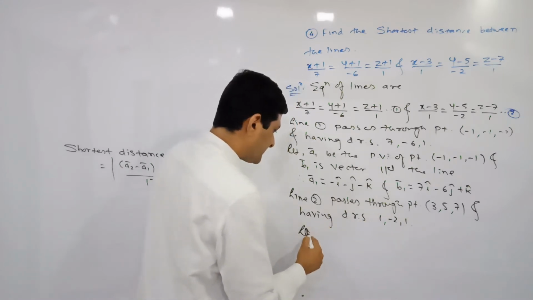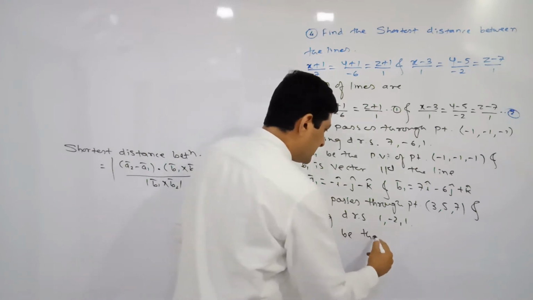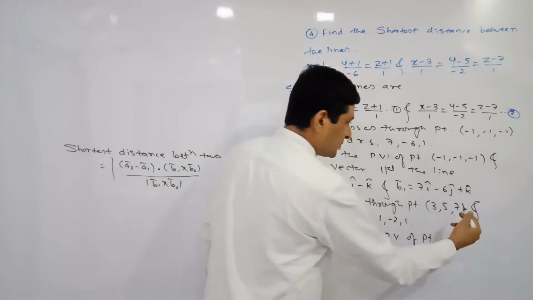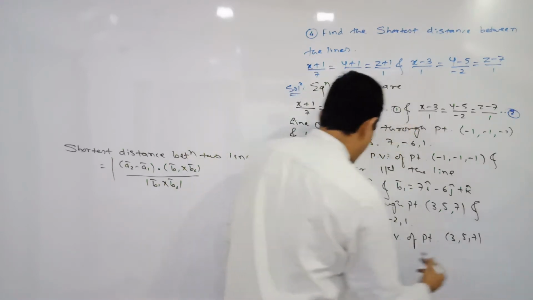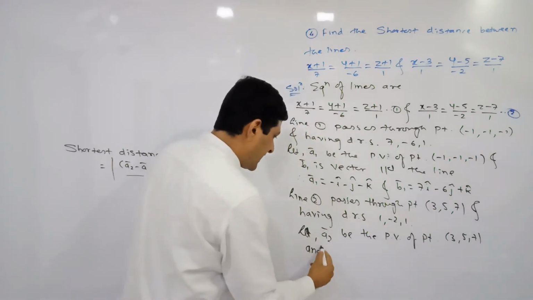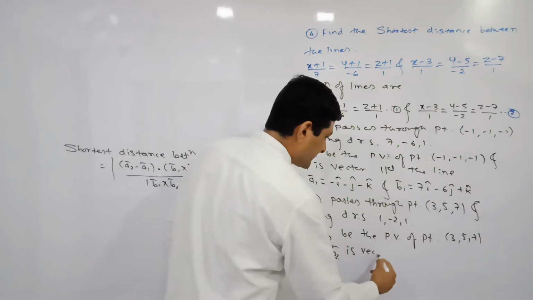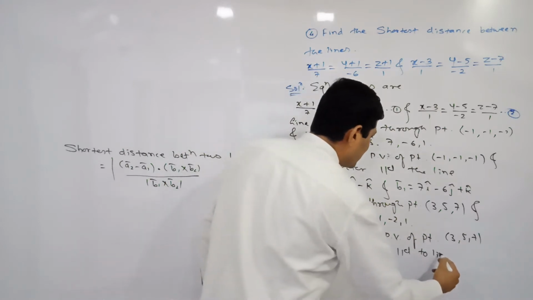So let A2 bar be the position vector of the point whose coordinates are 3, 5, 7, and B2 bar is the vector parallel to the line.